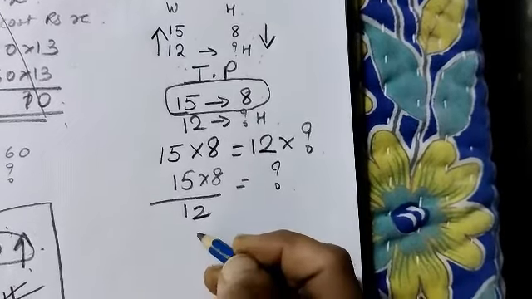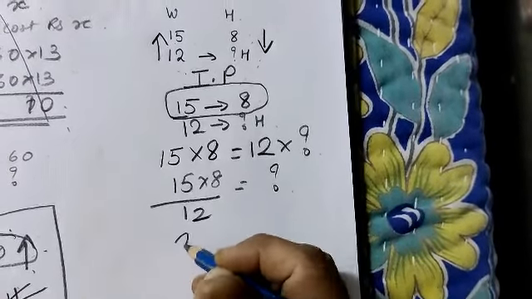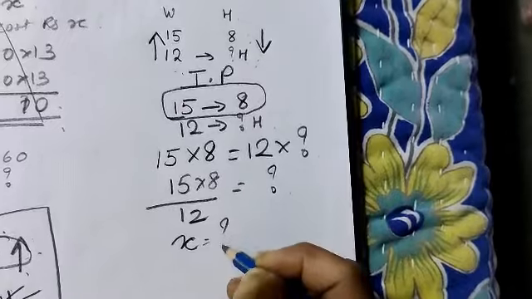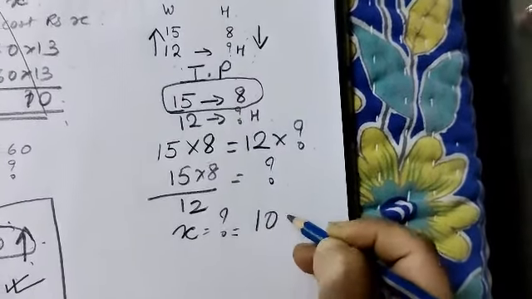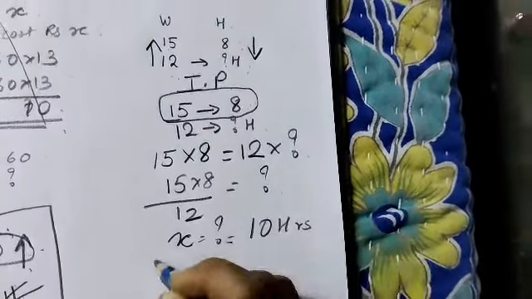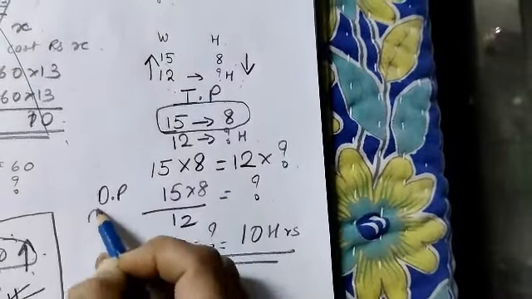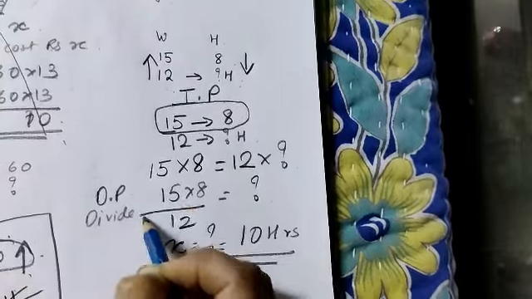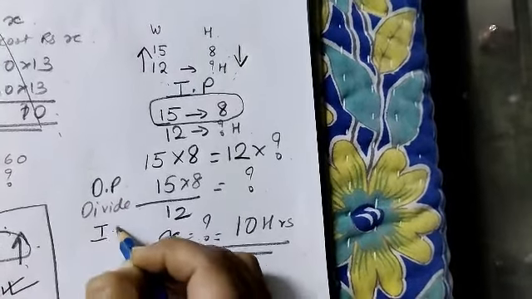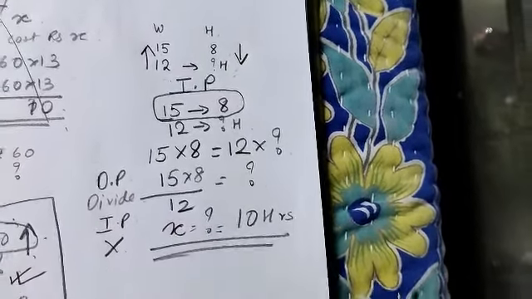And when we solve it, we come to understand that x or question mark is equal to 10 hours. So in direct proportion you divide the given info, and in inverse proportion you multiply the given info.